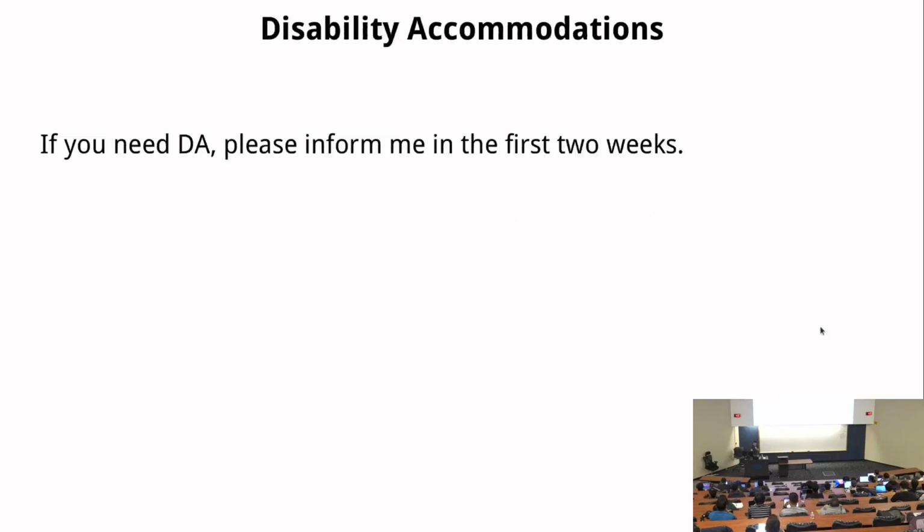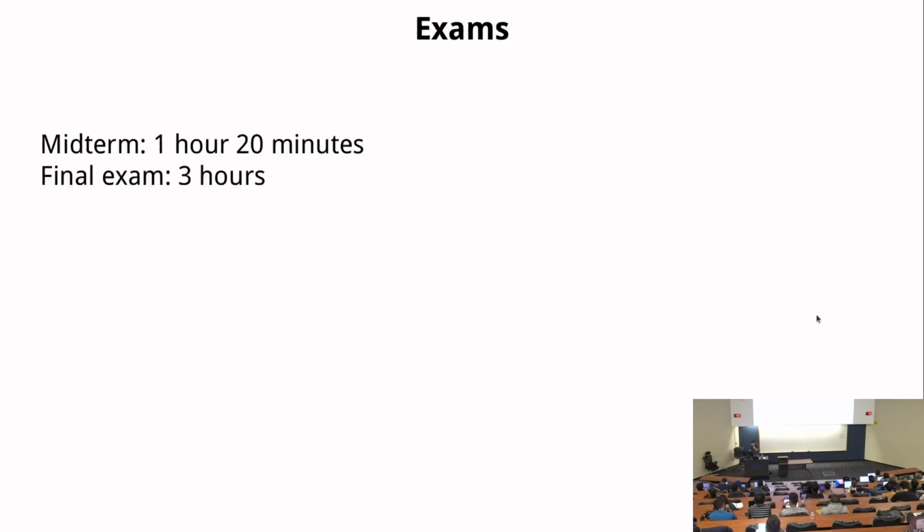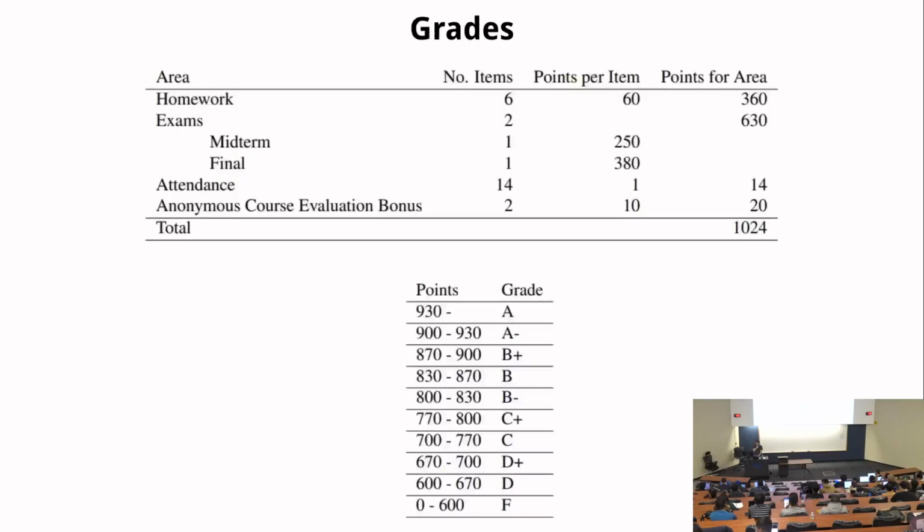If you need a DA, also let me know in the first 2 weeks. There will be 2 exams. The midterm is an in-class midterm, so it's 1 hour 20 minutes. The final is 3 hours. Just 2 exams.